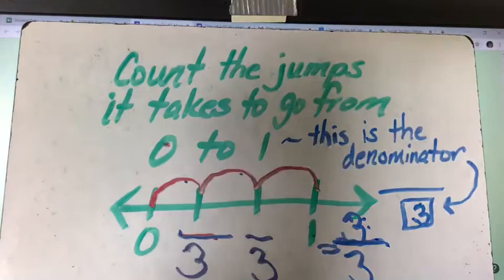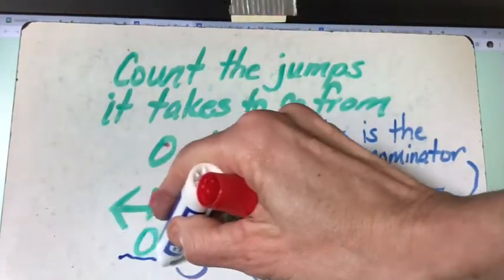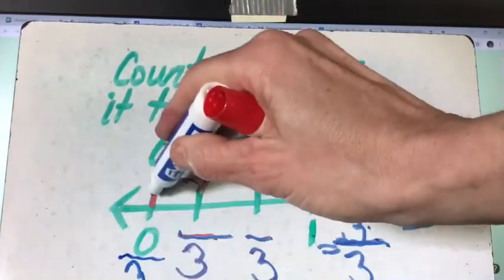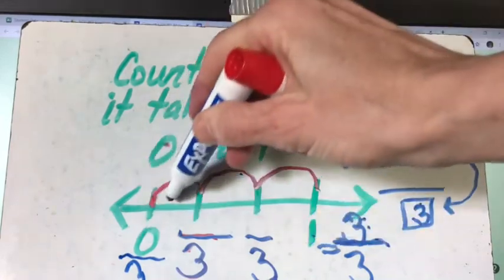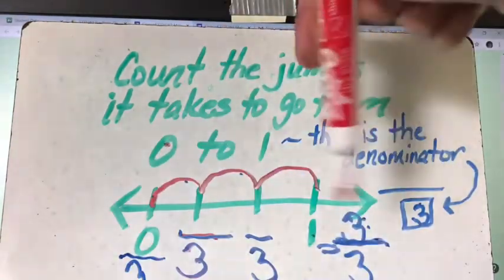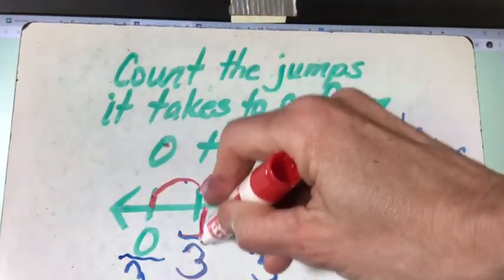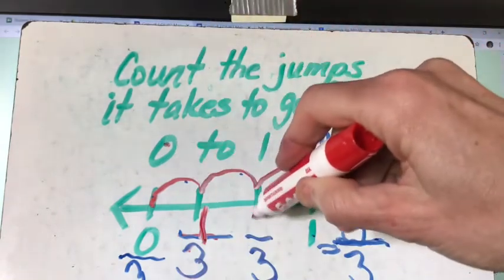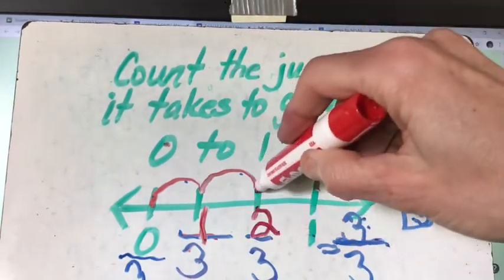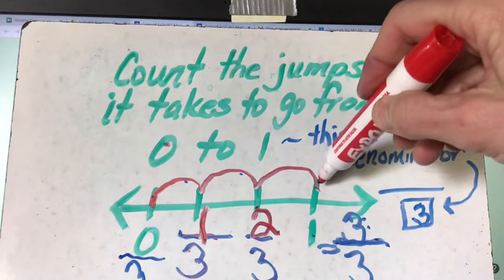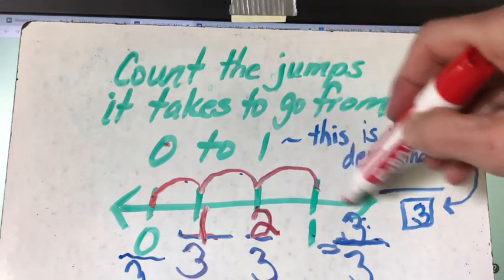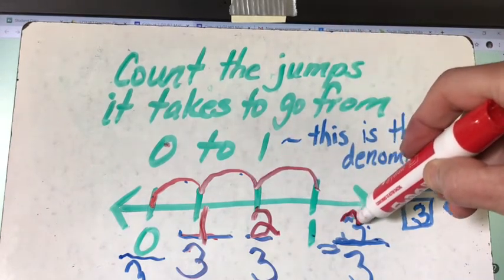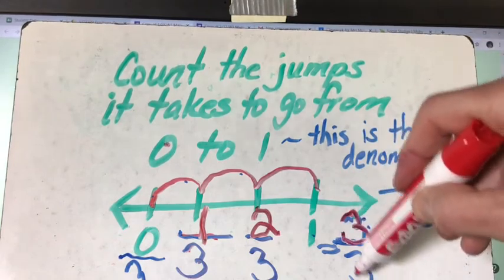Now my jumps, I just label my jumps. This is 0 out of 3 jumps. If I'm starting right here, I have 0 jumps out of 3. My first one is 1 jump out of my 3 jumps. My next line is 2 jumps out of my 3 jumps. And my last one is 3 jumps out of a total of 3 jumps.